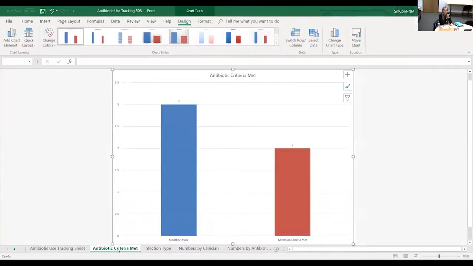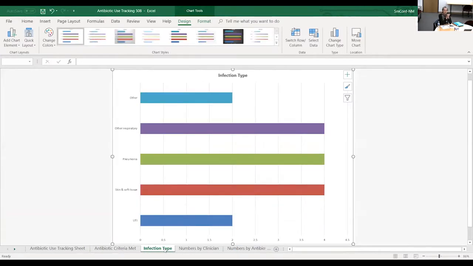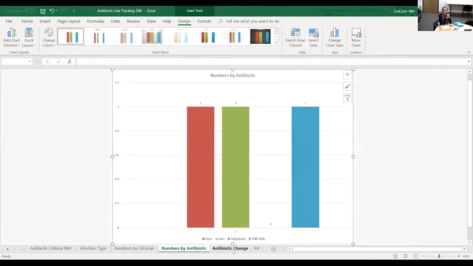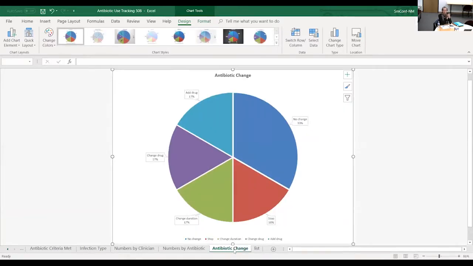data on these spreadsheets so that you can easily cut and paste these into our monthly or quarterly report, and even point out who's prescribing what.